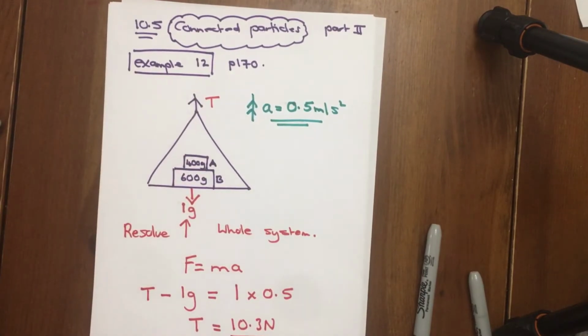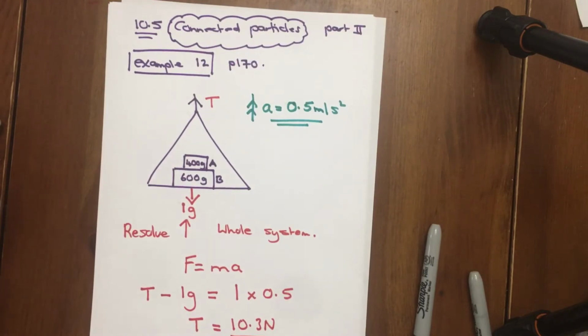Now, so we've got our diagram where it is, and we can't consider mass B on its own at this point because the scale pan is also acting on mass B, and we don't know the size of that force.